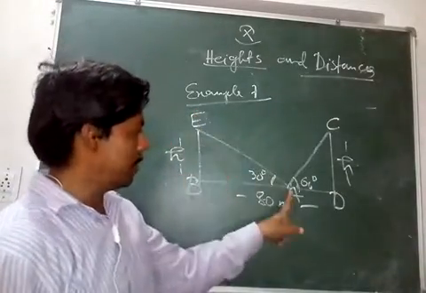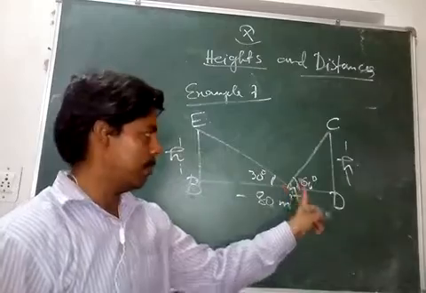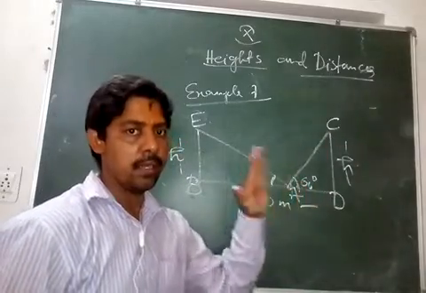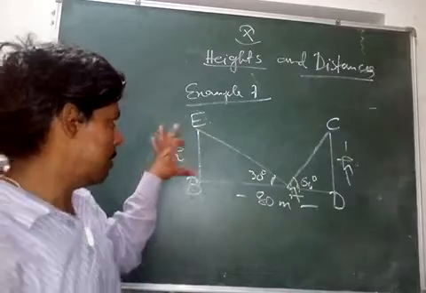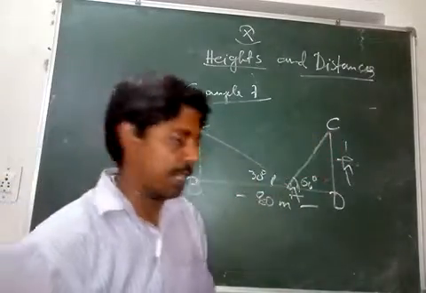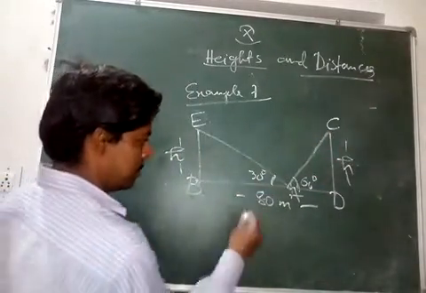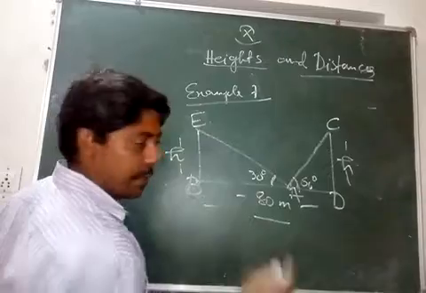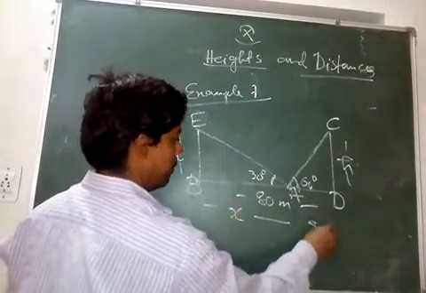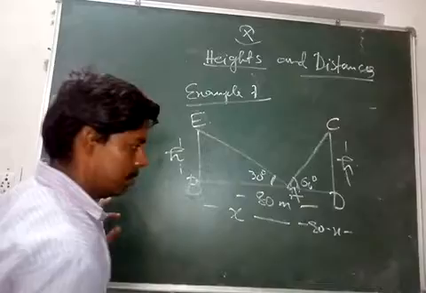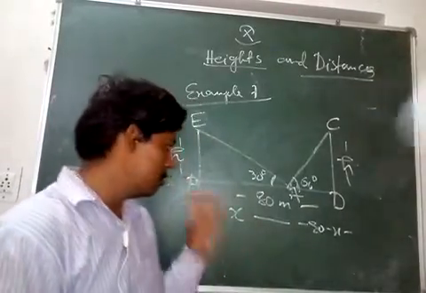So the point A and E, this angle is 30 degrees. Point A and C, this angle is 60 degrees. These are called angles of elevation. The height of the pole I am taking as h, and here also h. Now I can take one of the distances, say AB, as x. So the other one, AD, will be 80 minus x. This is how you write the two distances.